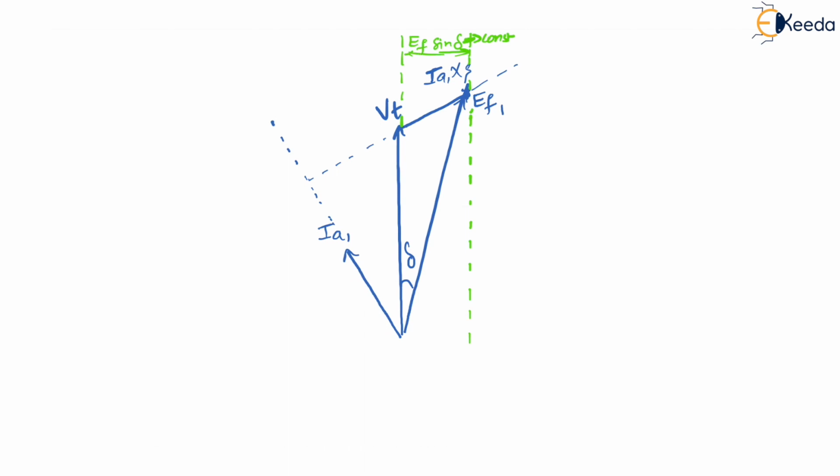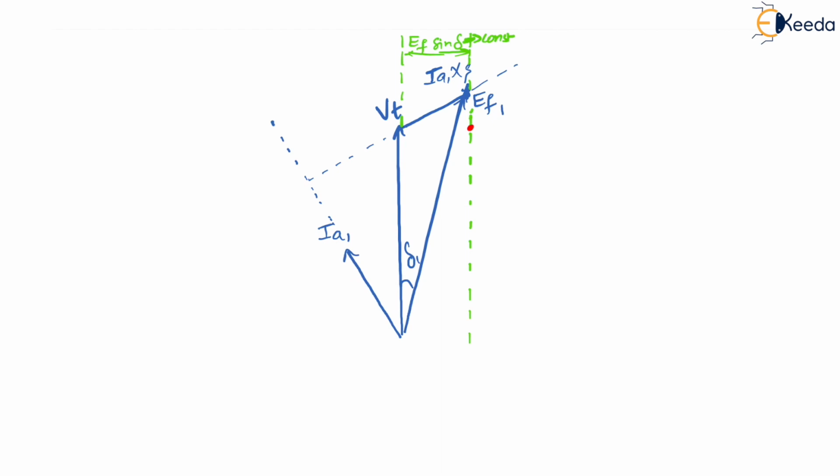Now if I decrease my field current, what will happen? EF will reduce. Let me consider that my EF has reduced till here, for example. By the way, here it is delta 1. Now if my EF has been reduced to this value, let me keep it here, because EF sine delta has to be constant.